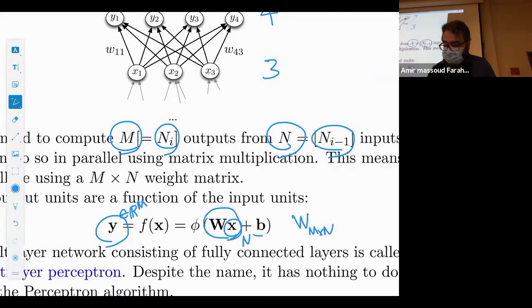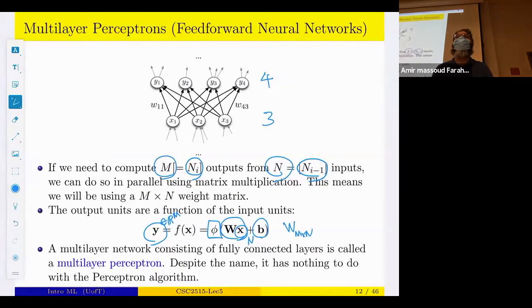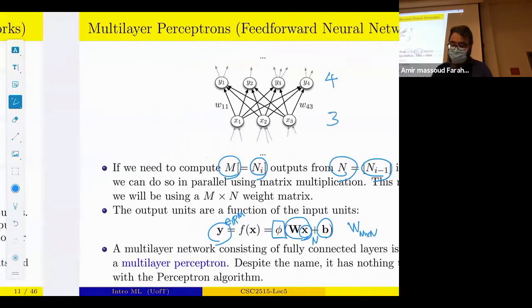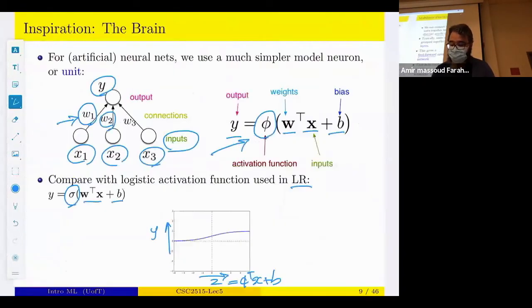Then we usually add a bias term, which you saw before that we add to linear models, and then pass it through the activation function. We will see a few examples soon, but you can think of it as the logistic activation function that we had seen before, like this one.